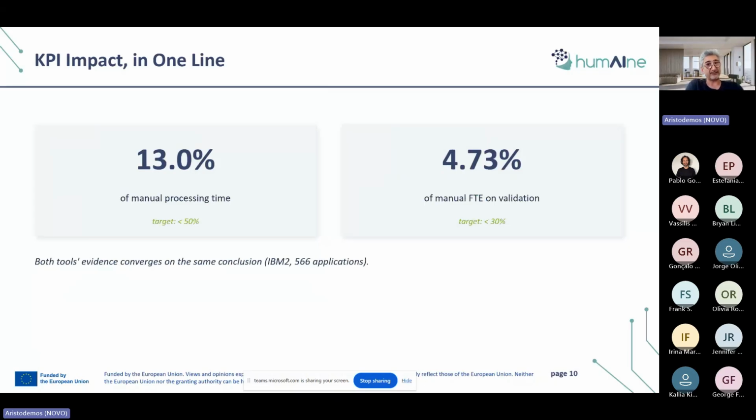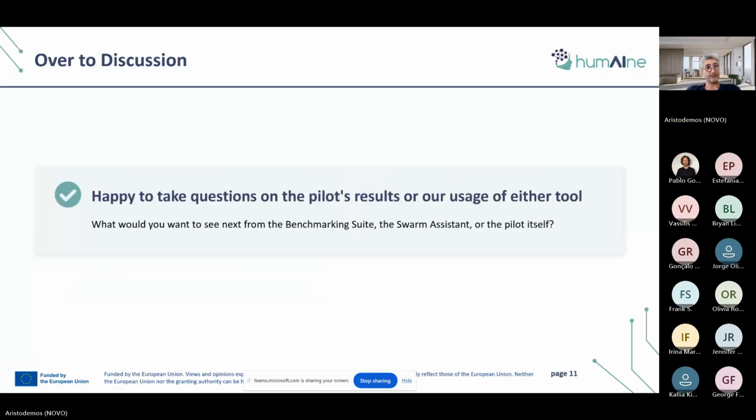So both tools' evidence converges on the same conclusion in this set of 566 applications. And that's all from my side. I'm happy to take any questions on the pilot results or on the usage we applied of either tool.